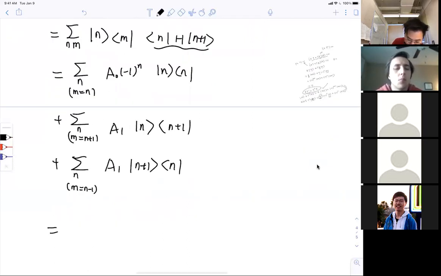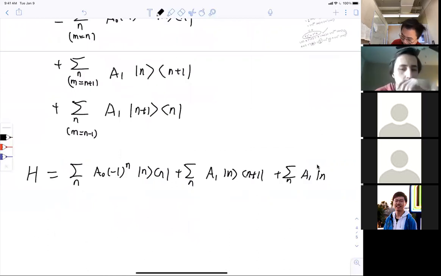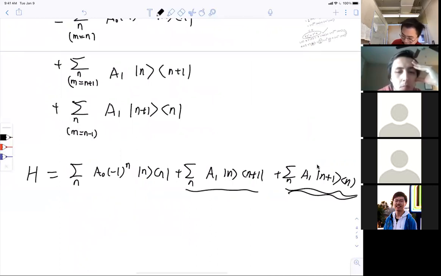So basically the Hamiltonian is given by |n> a0 <n| plus |n> a1 <n+1| plus |n+1> a1 <n|. The third term is just the Hermitian conjugate of the second term, to make the total Hamiltonian Hermitian, right?